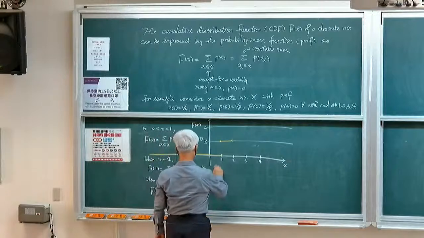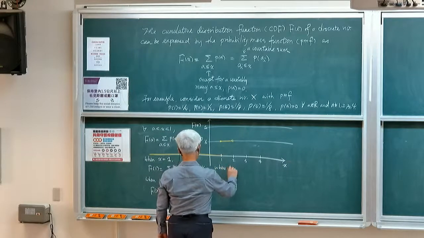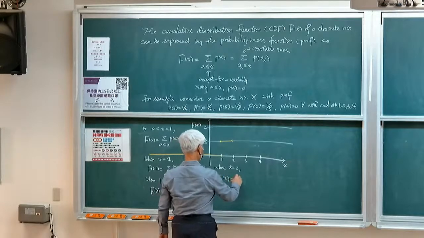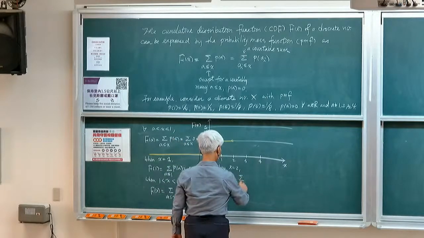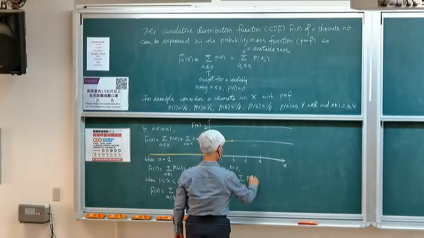Now when x equals 2, then F(2) is the sum over a less than or equal to 2 of P(a).